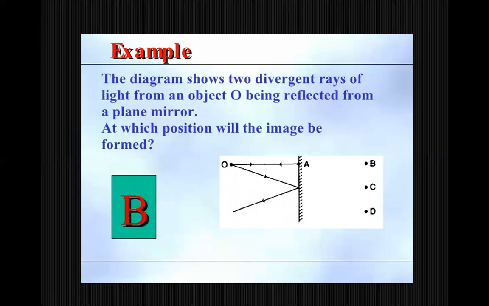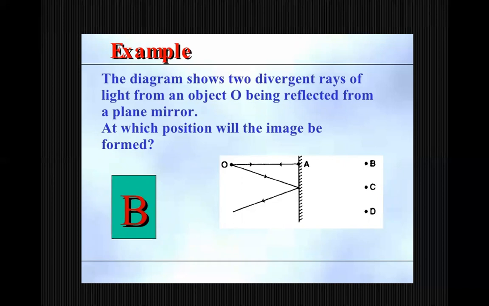The diagram shows two divergent rays of light from an object O being reflected from a plane mirror. At which position will the image be formed? This is a very important MCQ, students, because you have to find at which position the image will be formed.